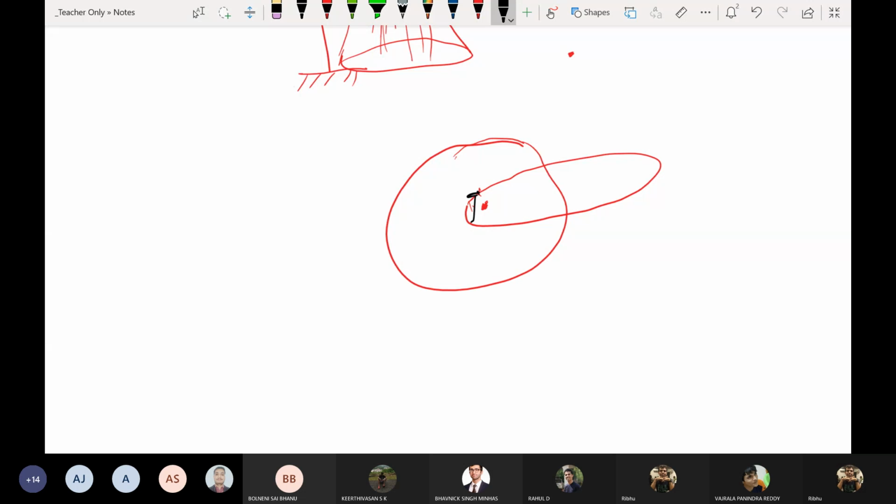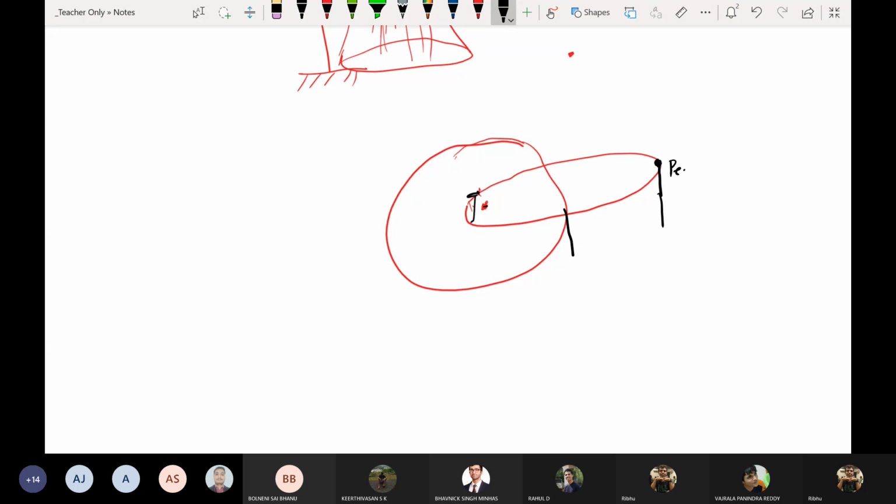In case of a street lamp or a torchlight, when you are wielding a torchlight, you don't want the light to fall back on your face. So naturally the power here would be more than this.